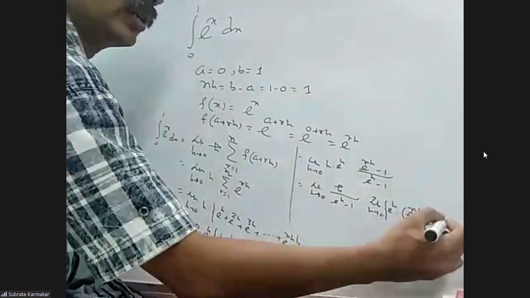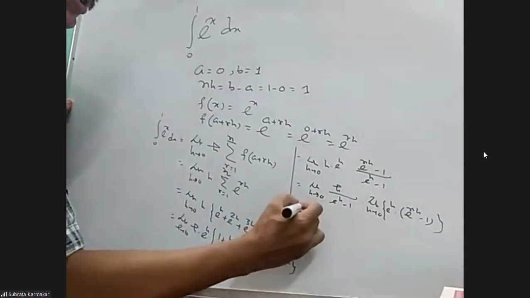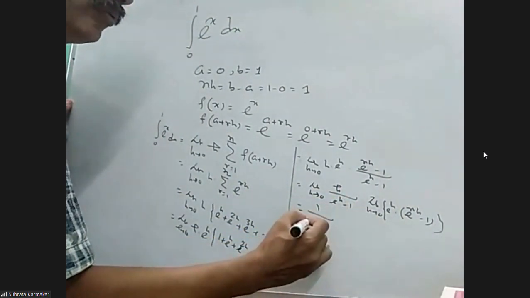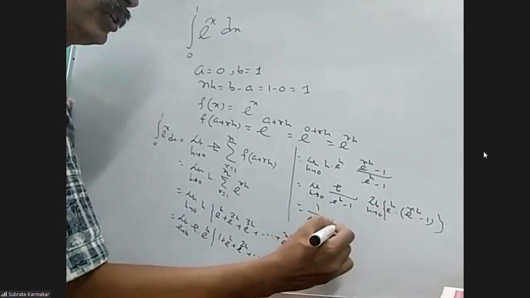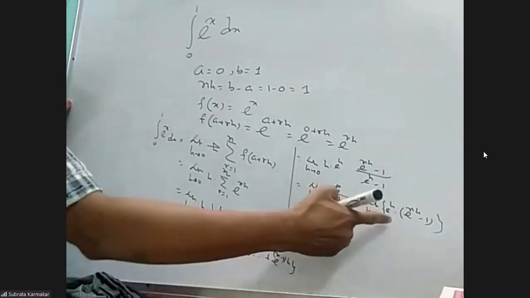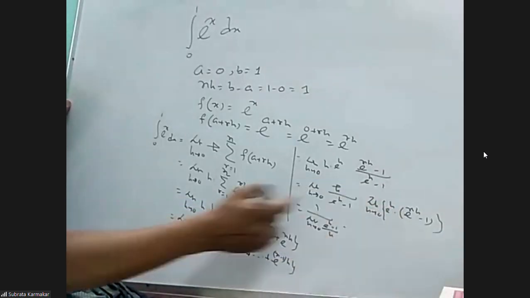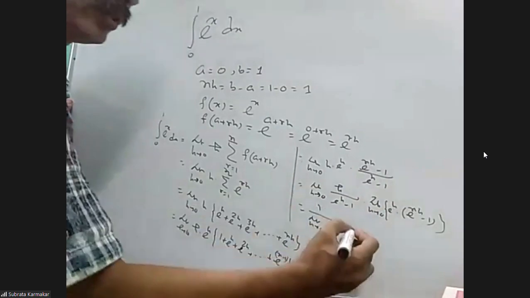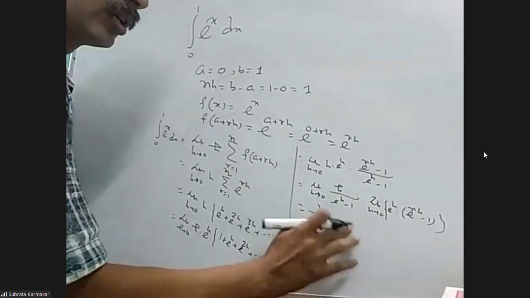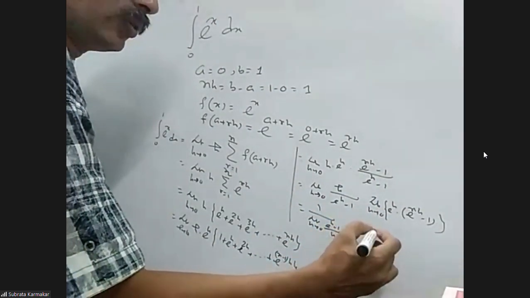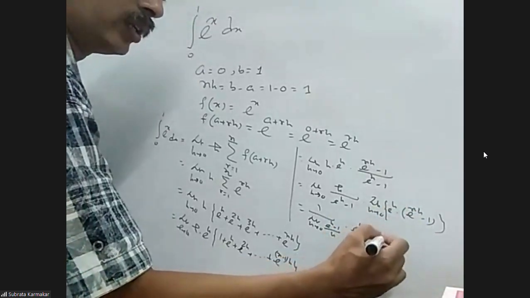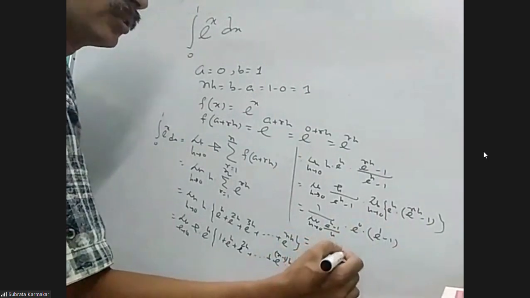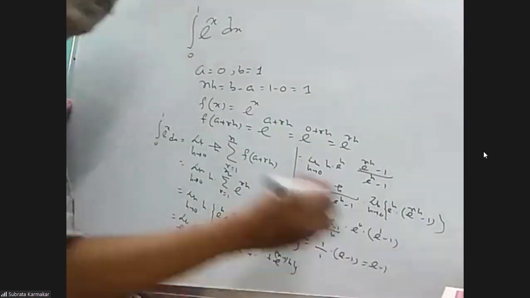Clear? Now, if you divide by h, it will be 1 by limit h tends to 0, (e to the power h minus 1) by h, one part, and here if you put h equal to 0, then e to the power 0 and nh equal to 1. Here e to the power 0 is 1 and nh means 1. So here 1, e to the power 0, 1, e minus 1. So the answer is e minus 1.